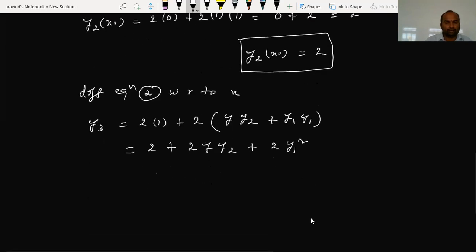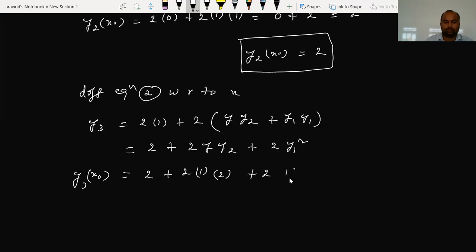So therefore, y3 at x naught is given by 2 as it is, 2 plus 2 into y, means y naught is 1, y2 just now we got that is 2, plus 2 y1 square, y1 is 1 so it will be 1 square. So what is the answer?